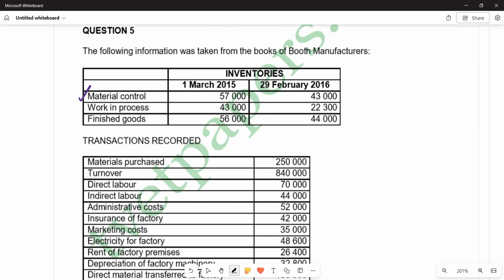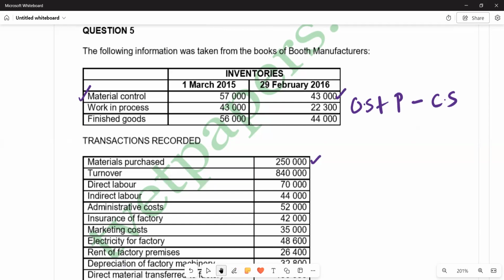Then we add our purchases, which is 250,000. So material purchased is representing our purchases, 250,000. Remember, the formula that we are going to employ is opening stock, we add our purchases, then we subtract your closing stock. So opening stock 57,000, purchases 250,000, closing stock for the current year is 43,000.